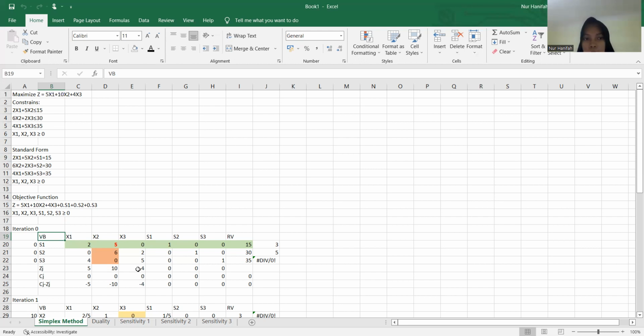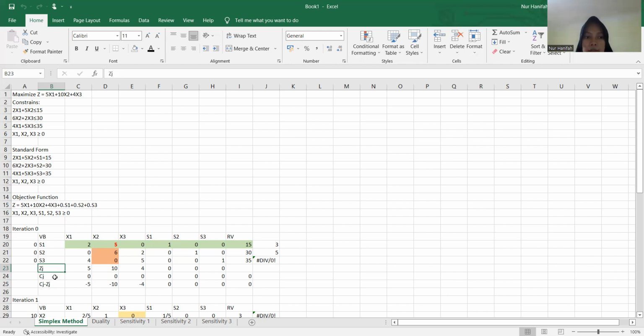And then we determine the identity matrix. The variables that form the identity matrix, s1, s2, and s3, become the basic variables. And then we also write the z here, with the coefficients of the objective function, 5 and so on.